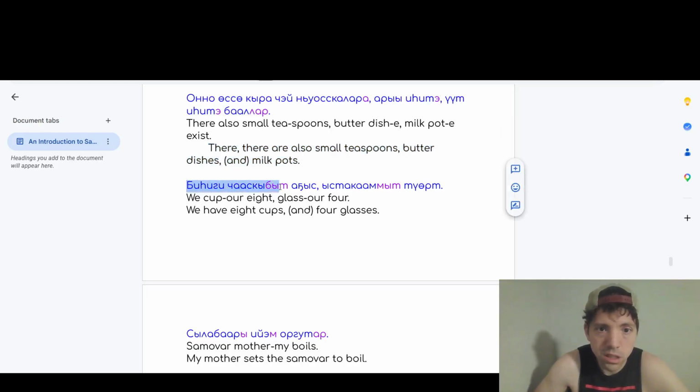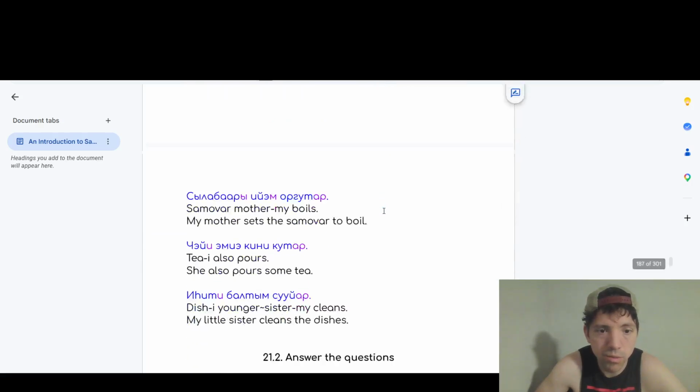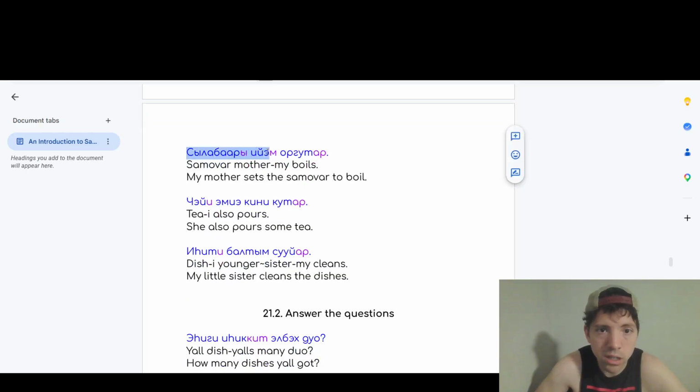Bihigi chaskabut ağız ustakamut turt. We have 8 cups and 4 glasses. Salabare iem argutar. My mother sets the samovar to boil. So basically samovar and an for the accusative case, meaning it's the object, and then mother my, and then boils.